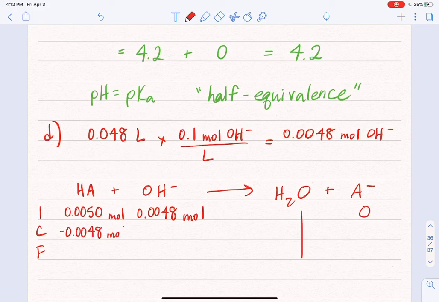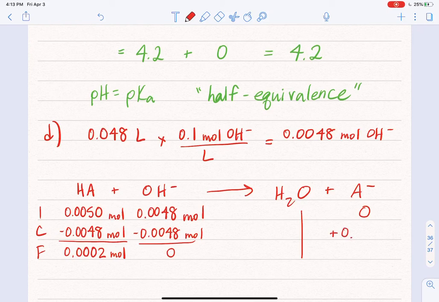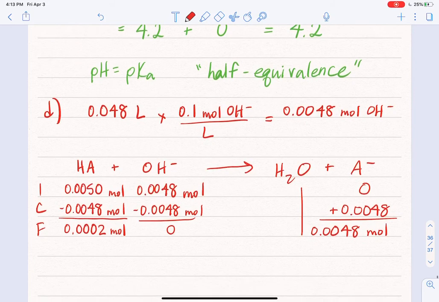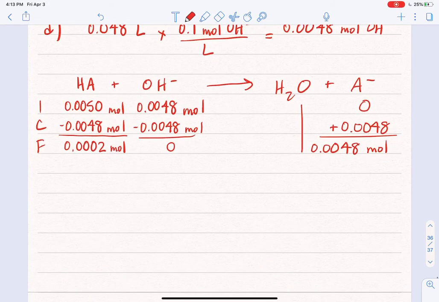I still have enough benzoic acid to consume all of the added hydroxide, but look at this, I'm getting low on benzoic acid, right? It's starting to run out. It's starting to be mostly consumed by the hydroxide that I've added thus far. And as a result, on the product side, the number of moles of benzoate is, as we can see, greater than the number of moles of benzoic acid at this point in the titration.